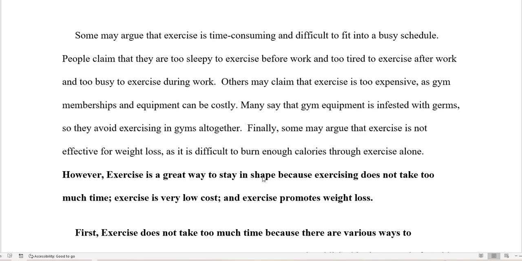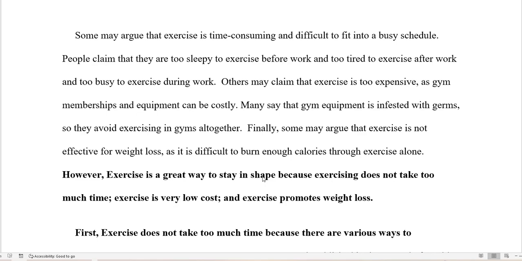And during the pandemic, many people avoided the gym in order to avoid getting COVID-19. Finally, some may say that exercise is not effective for weight loss, as it is difficult to burn enough calories through exercise alone. So that's your counterargument paragraph, where you talk about what the other side thinks.